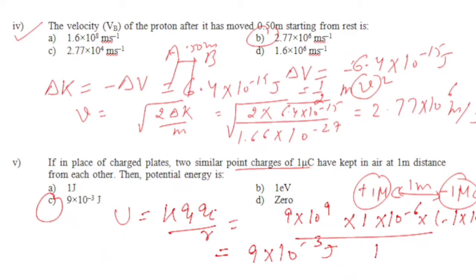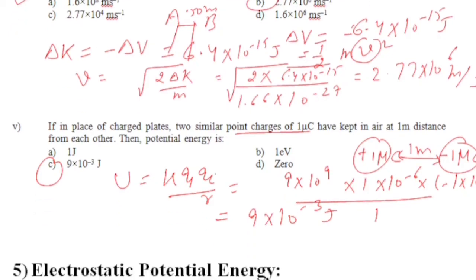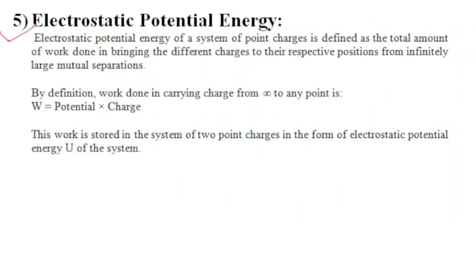Okay, so all 5 questions we have done. Next, there is one more case study based question that is based on electrostatic potential energy. You know what we mean by electrostatic potential energy?